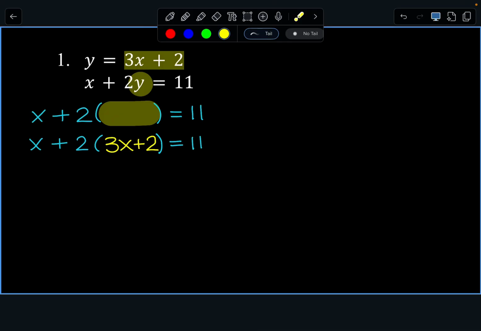Again, because y was alone, we are substituting what y is equal to in place of y in the other equation.